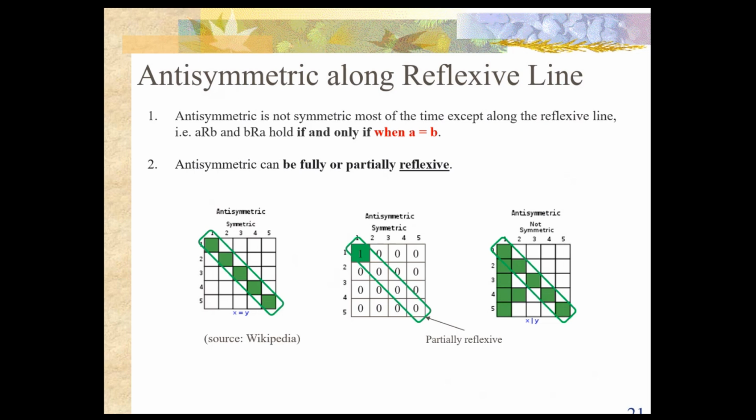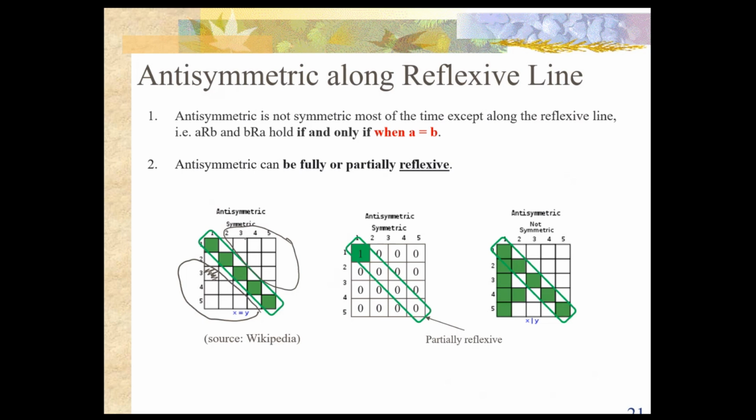So anti-symmetry is usually considering whether the bottom left segment has any counterpart on the top right segment or vice versa. It can be only one side. Let's say if we have one relation at cell 3, 1.